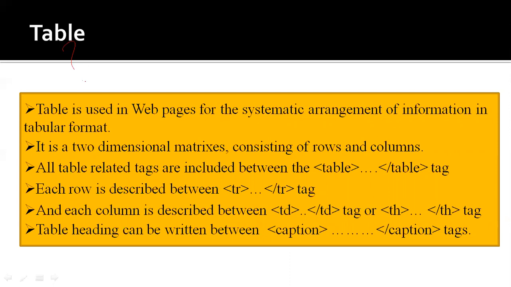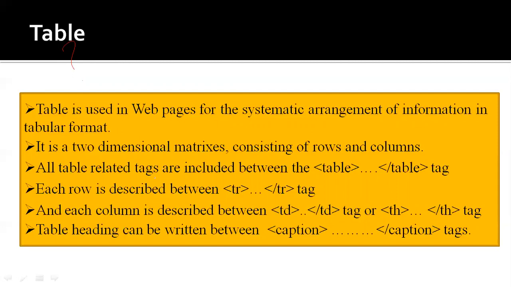A table is basically used in web pages for systematic arrangement of information in tabular format. Or we can say it is a two-dimensional matrix consisting of rows and columns.